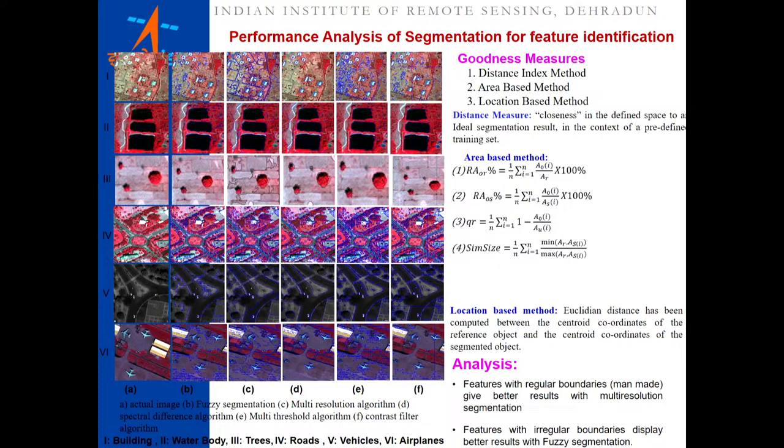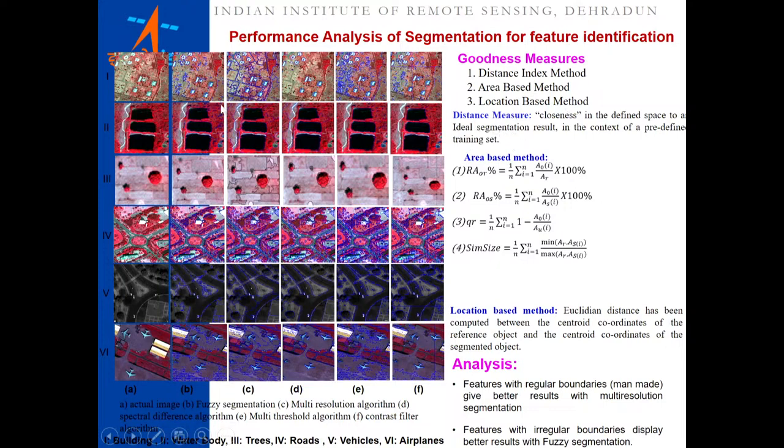So the output that we get for segmentation also influences the accuracy of the classification. This is done basically based on goodness measures, that is the distance index measure, which is the closeness in the defined space to the ideal segmentation results in the context of a predefined training set.